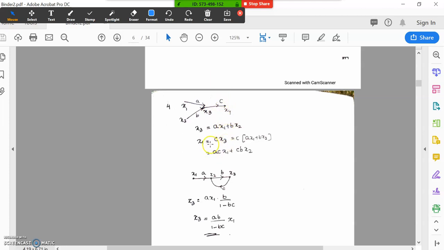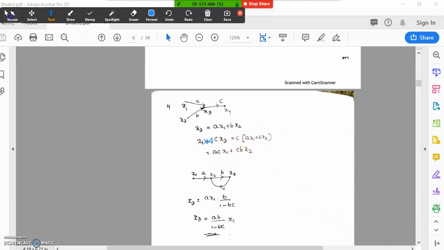So finally x4 will be equal to c x3. So finally x4 is c into (a x1 plus b x2). So you multiply, you will get this value.